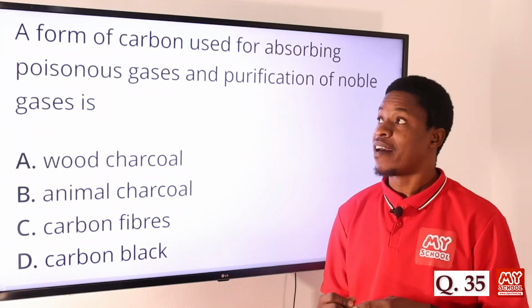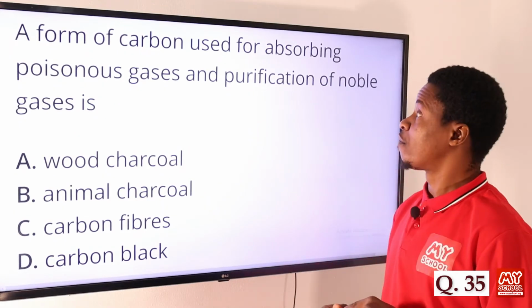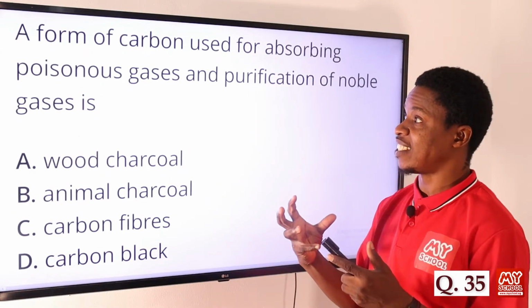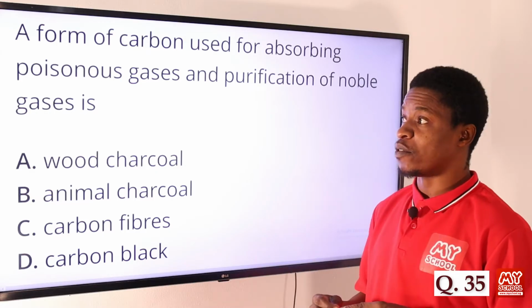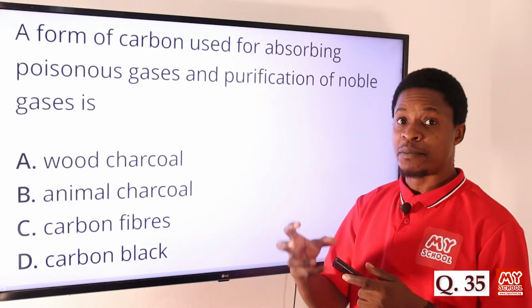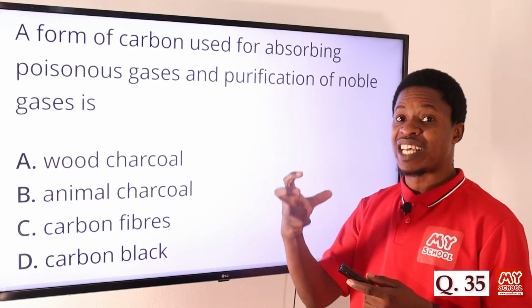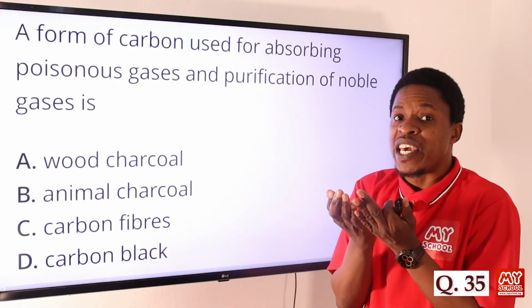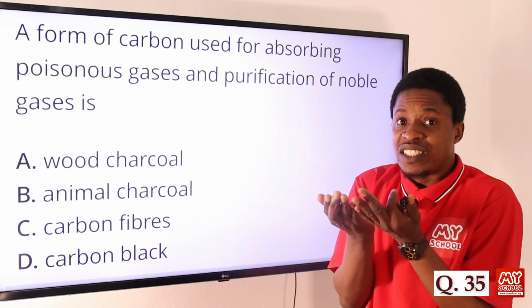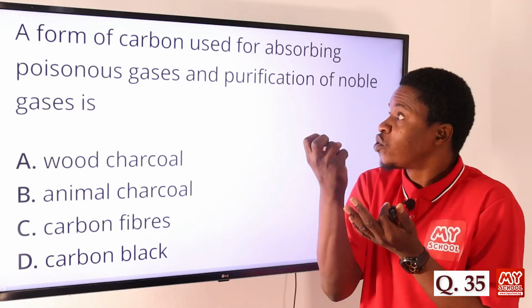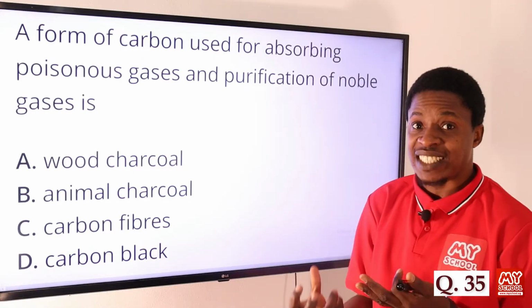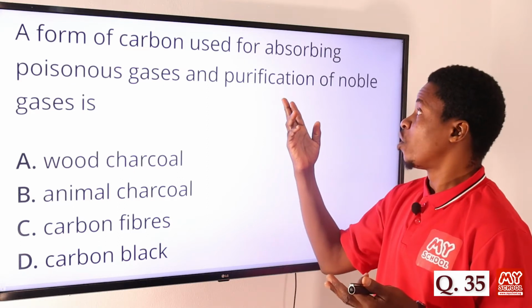Question number 35. A form of carbon used for absorbing poisonous gases and purification of noble gases is what? For absorption, any substance that will be used as an absorbent definitely has to have a porous surface, whereby it can be able to absorb gases into it, and then to also purify.